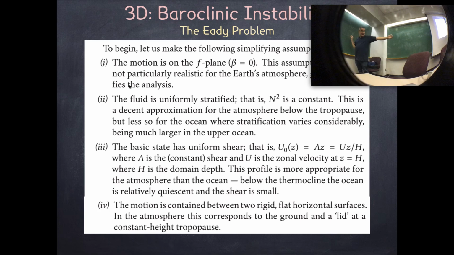So in this part, I would have an N squared, which is the stratification, which is d B bar dz. And then I might also have an M squared, which is d B bar dy.